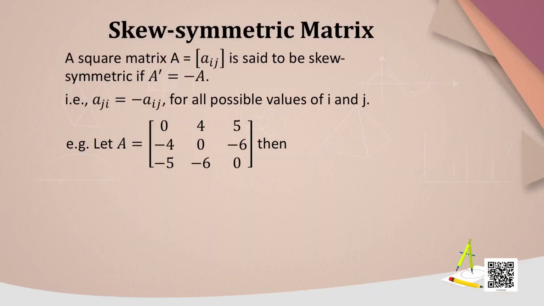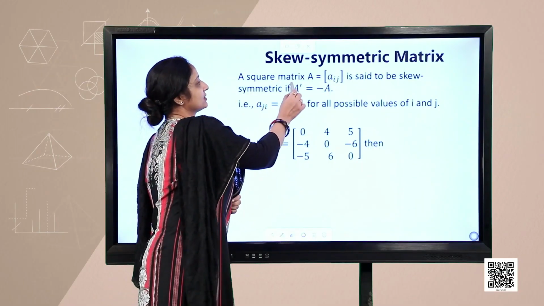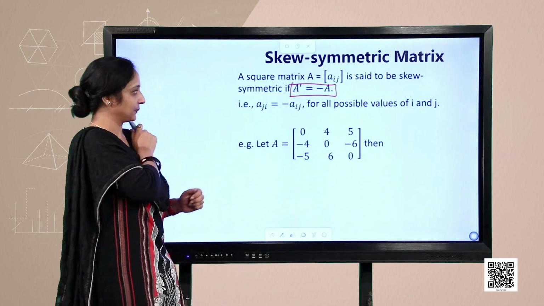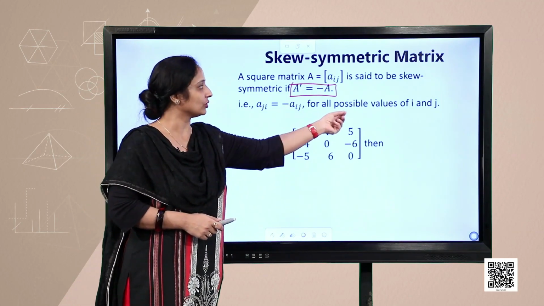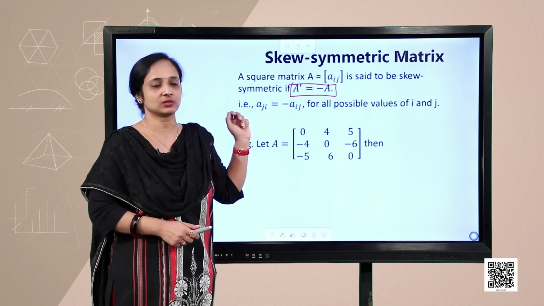Now let's study about skew symmetric matrix. A square matrix A, [aij], is said to be a skew symmetric matrix if A transpose is equal to minus A. That means if [aji] is equal to minus [aij] for all the possible values of i and j, you can say the matrix is a skew symmetric matrix.